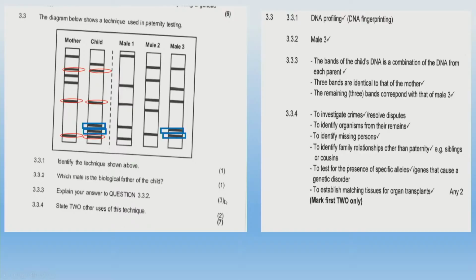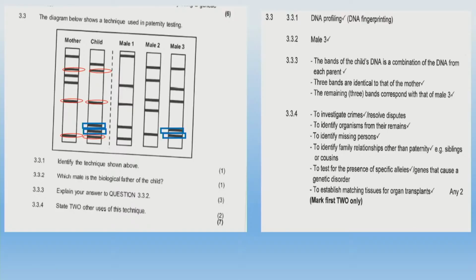So what happens now, learners wrote male 3 is the father, right? And now they have to explain it. And now they say the DNA of male 3 and the DNA of the child correspond. Totally wrong, right?